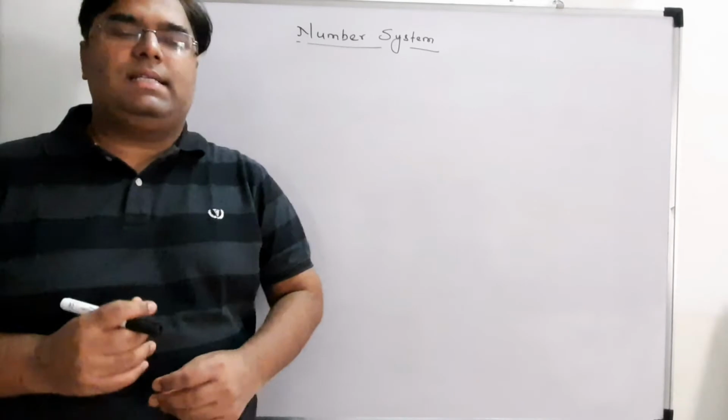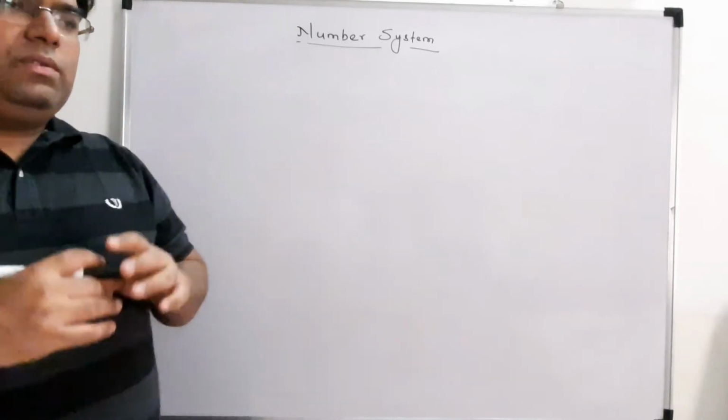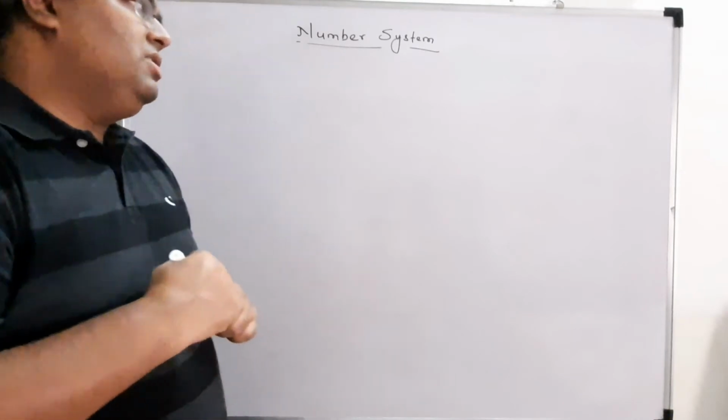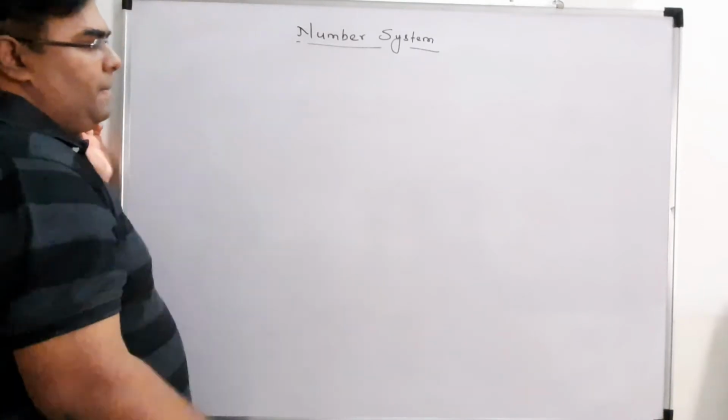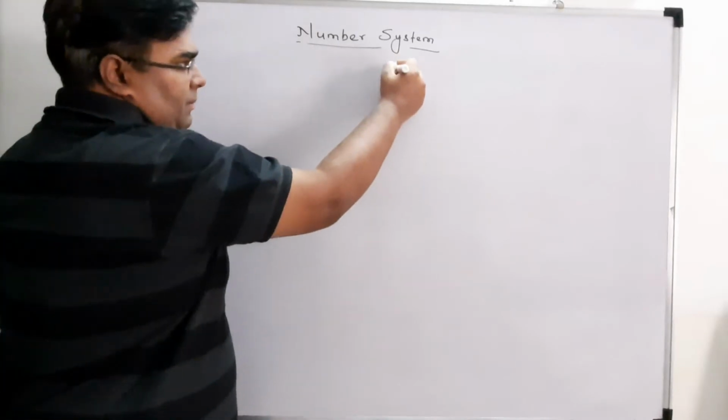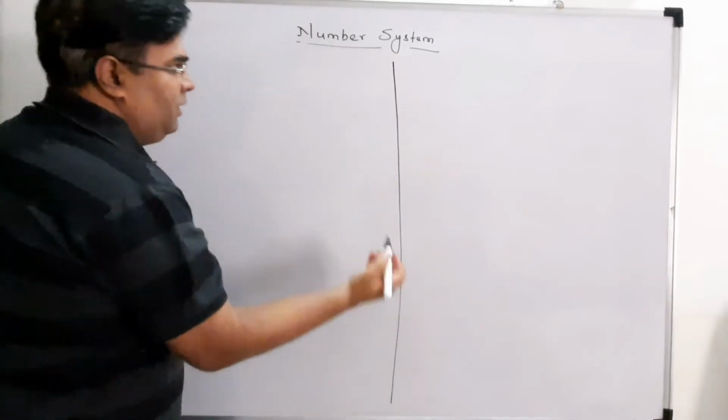Now let us understand how to find rational numbers in between two rational numbers or two integers. There are basically two methods, method 1 and method 2.